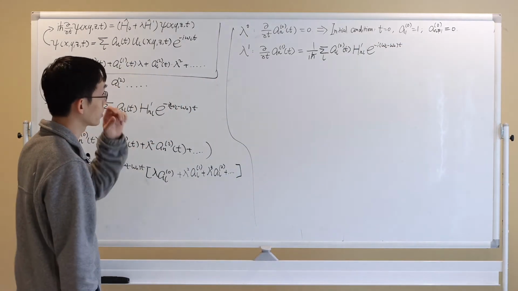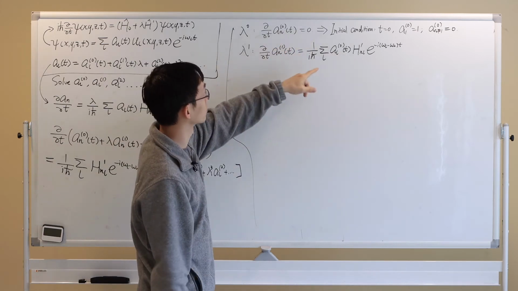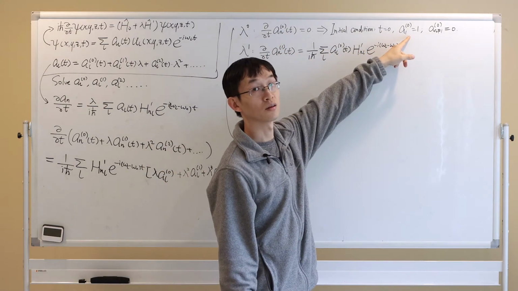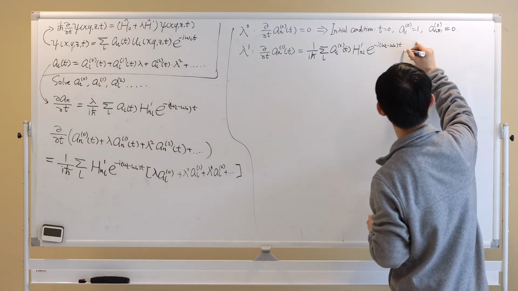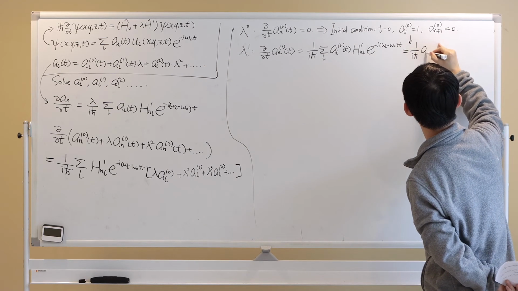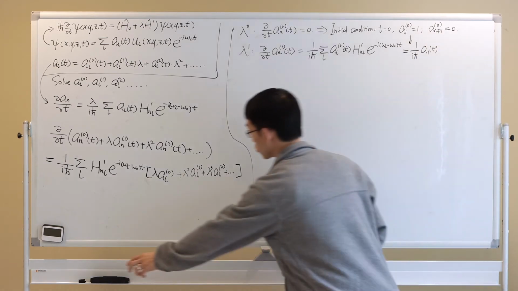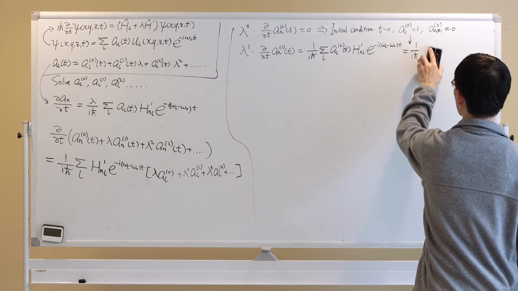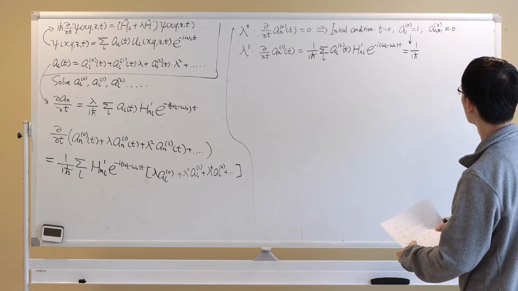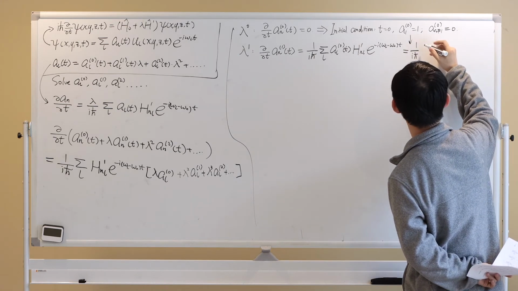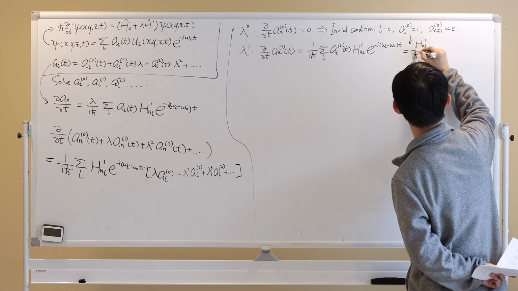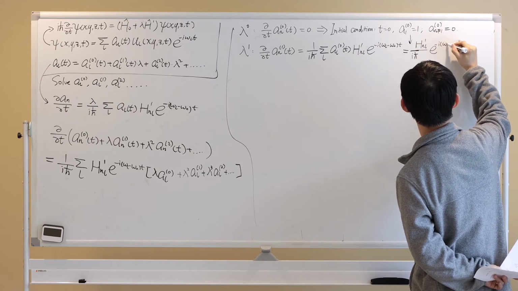Typically we wait until the end to solve this, but because the zero order solution is very straightforward, with only one term non-zero, this can reduce to i h bar times A_1 of t, which is just 1, and then H_n1 is a number, times e to the minus i (omega_1 minus omega_n) t.